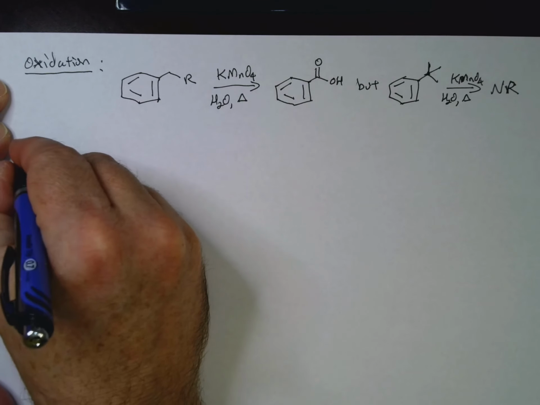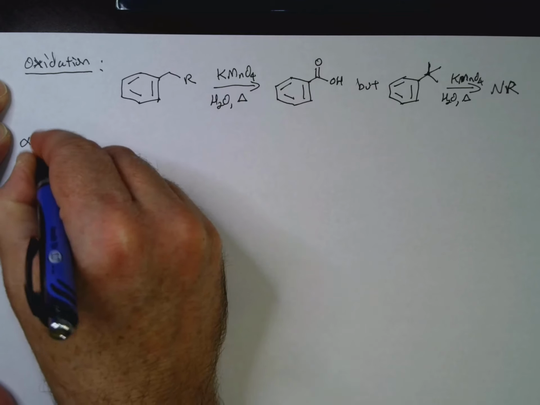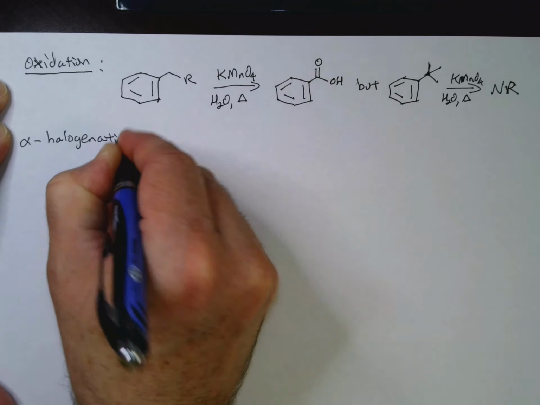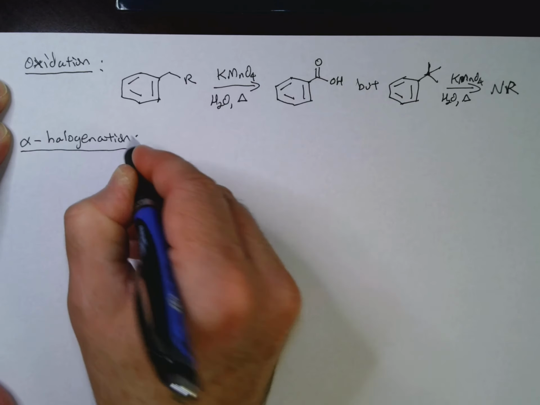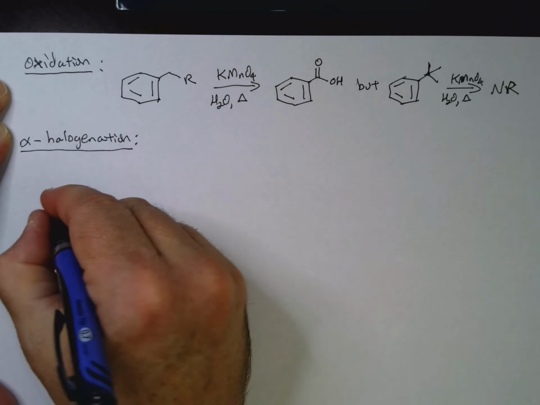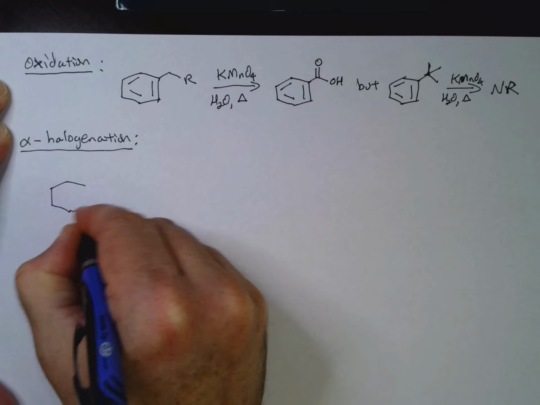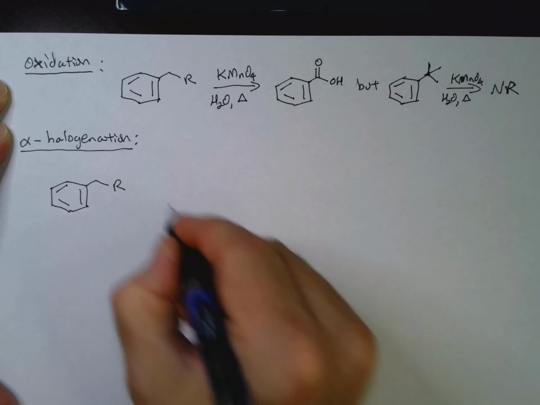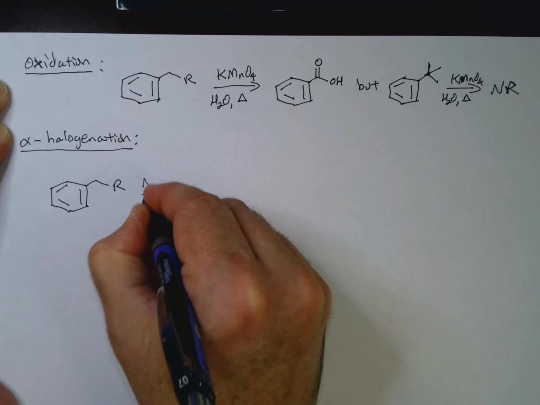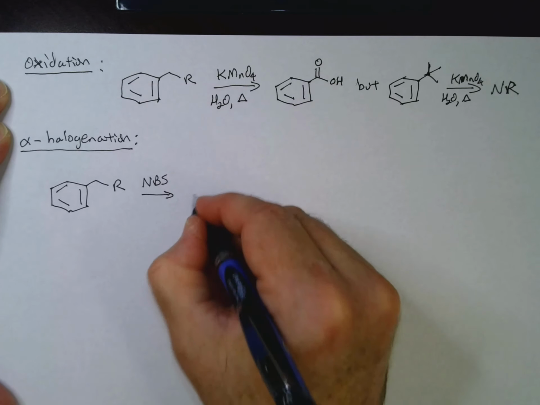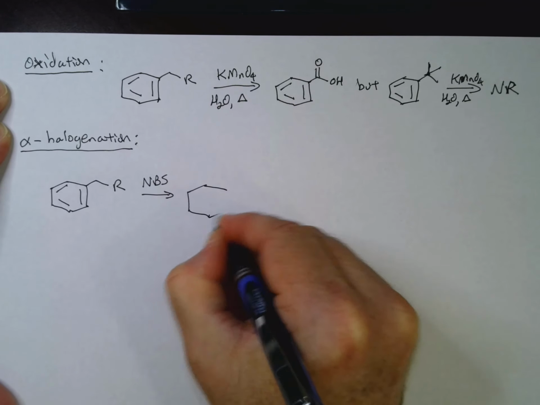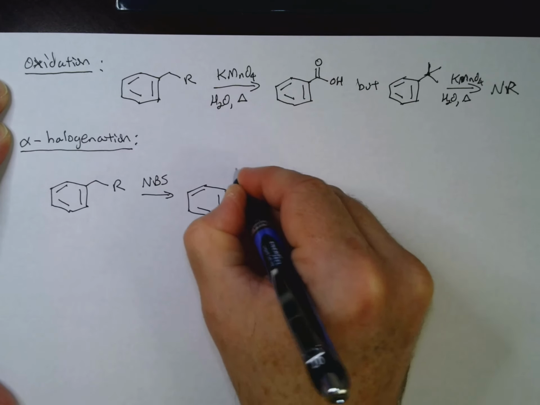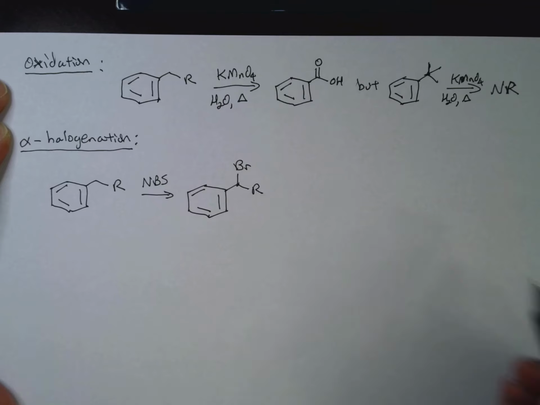What may also be synthetically useful is alpha halogenation. And so we could take our alkyl benzene here and treat it with NBS to put a bromine on the alpha carbon.